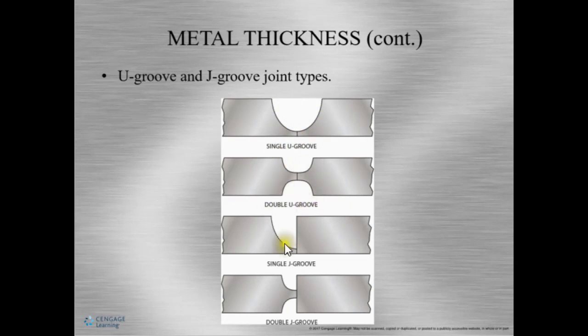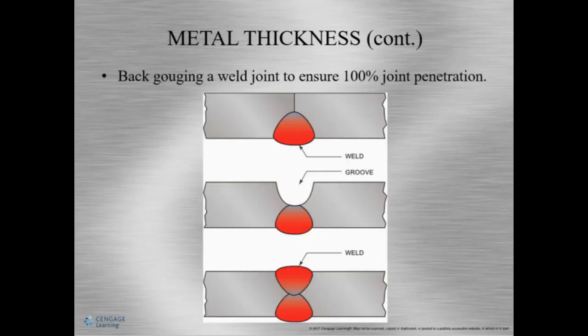J, okay, double J. So we can see that there's material here that does not make this complete. Onwards. We can do what's called back gouging. Back gouging is a method that allows for complete joint penetration.